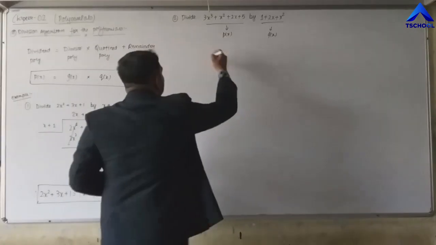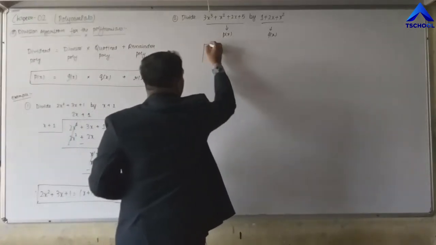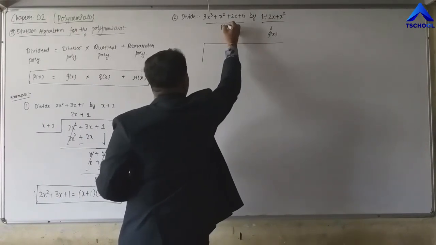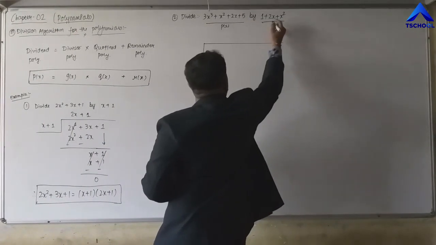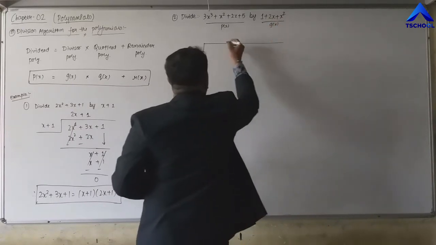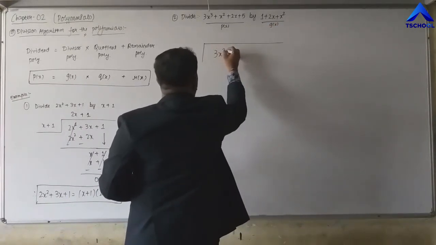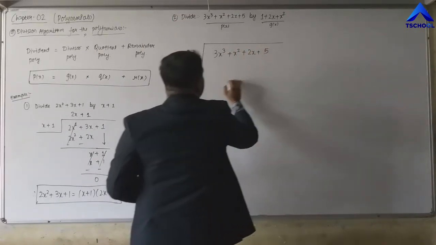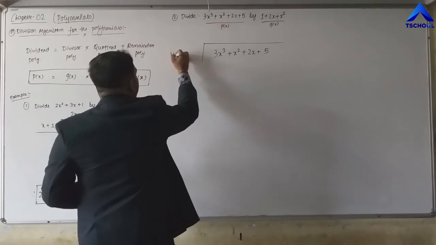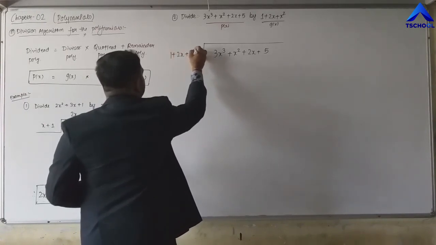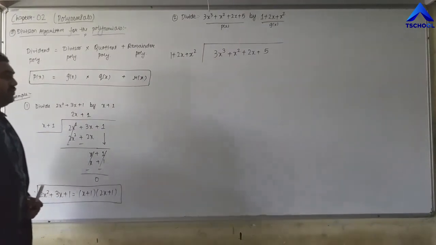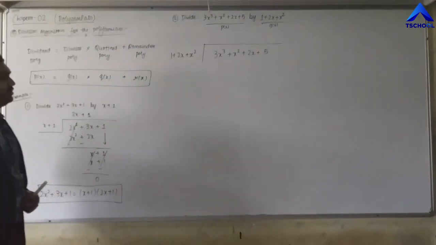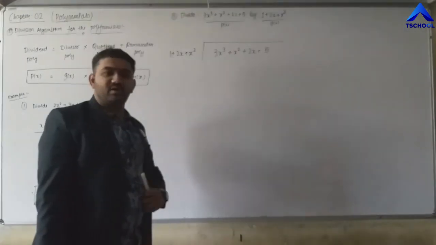Okay, so we shall write it down here. 3x cube plus x square plus 2x plus 5 and 1 plus 2x plus x cube. Can you divide this? Sorry, here it is 1 and here it is 3x cube. How can we divide it?